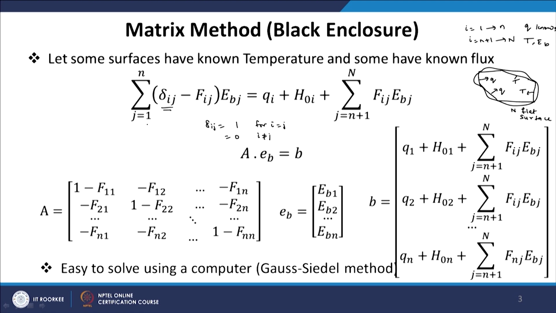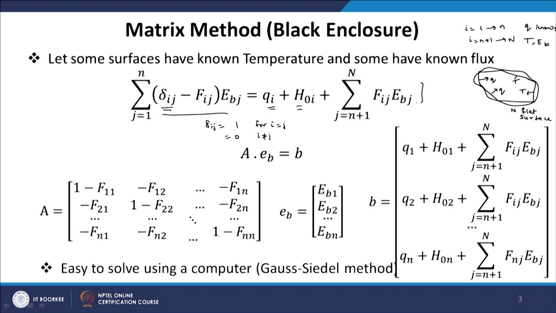On the left hand side we have unknown fluxes or the unknown emissive power or the unknown temperature for the first n surfaces. On the right hand side we have known fluxes Q i, external irradiation and irradiation from the surfaces n plus 1 to capital N, for which the temperature is known. So, we can write down the energy balance equation in this form.